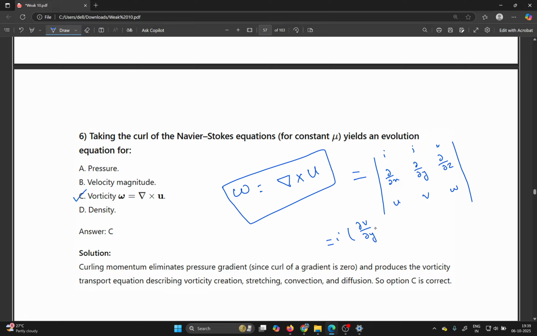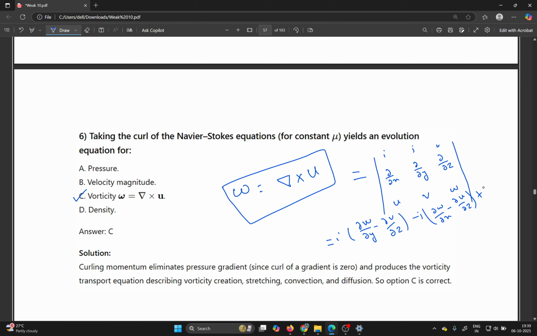The i component is del w by del y minus del v by del z. Then minus, taking the j component, del w by del x minus del u by del z.